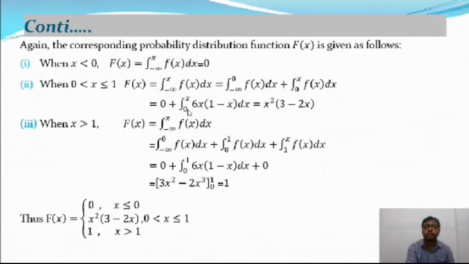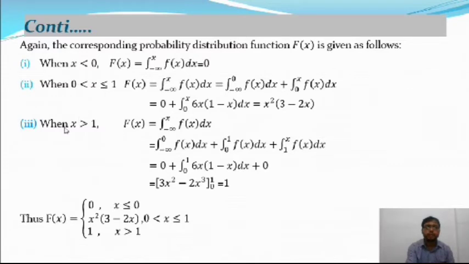So 0 plus integration over 0 to x, where the functional value is 6x into 1 minus x into dx, and after integration it gives x square into 3 minus 2x. So this is the distribution function in the interval 0 to 1.